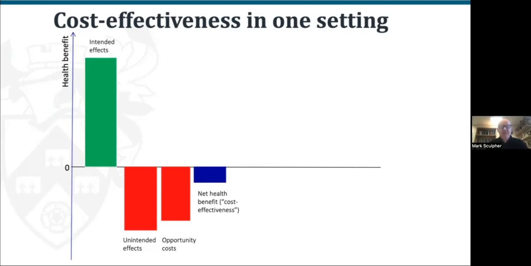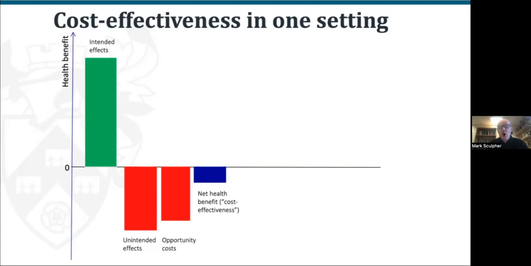In other words, this particular intervention or treatment is not cost effective because the net clinical benefit plus the opportunity costs are negative. And therefore, there's no basis for this particular healthcare system to use this intervention.